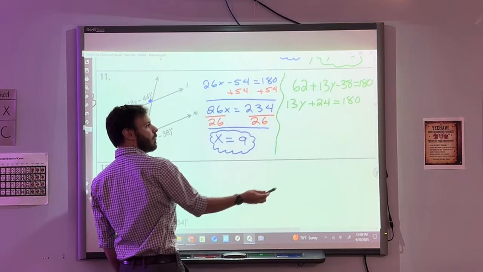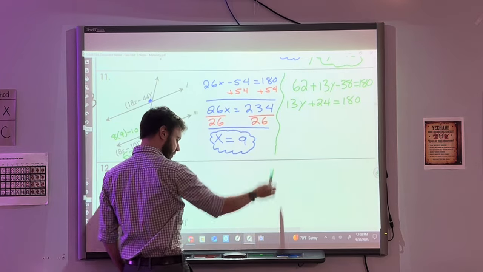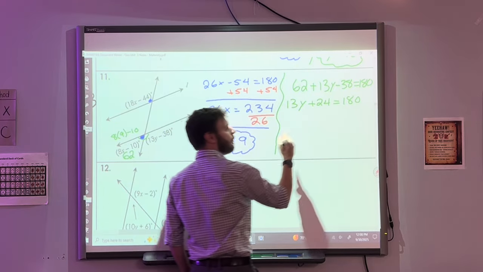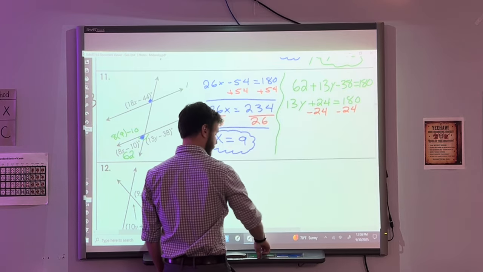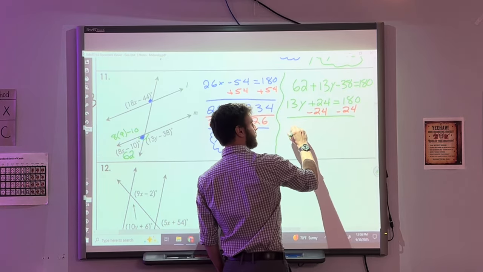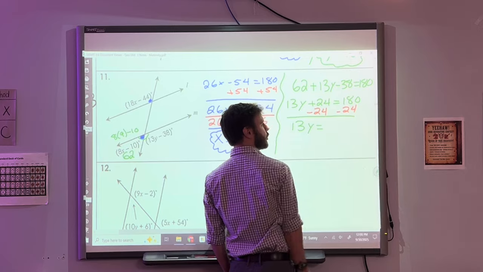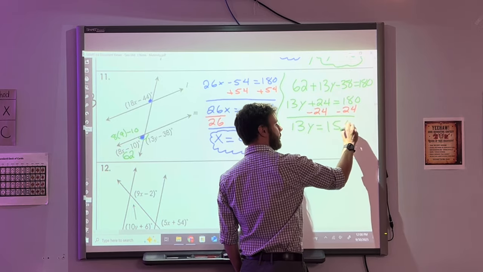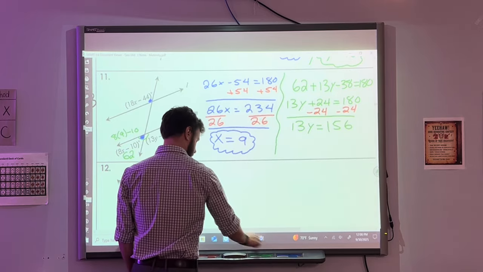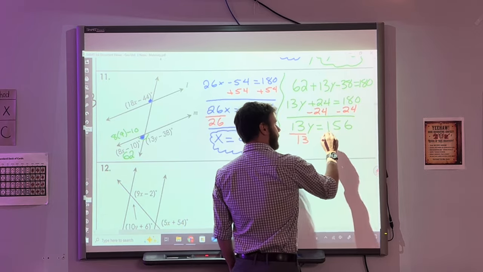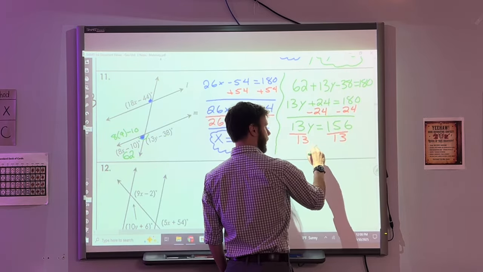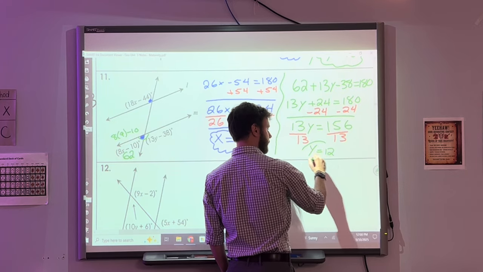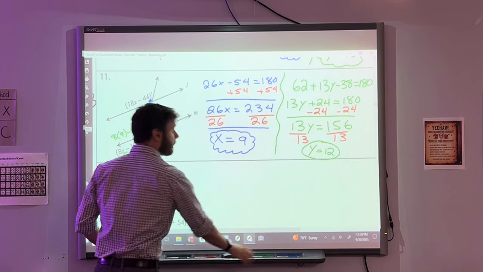And now I have a similar problem that looks like this up here. I'm going to use the same 2 steps to get y all alone. Divide by 13, that would be 12. Y equals 12.